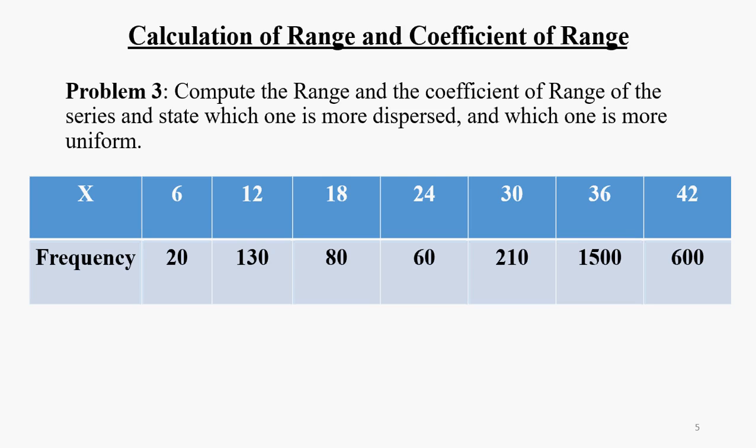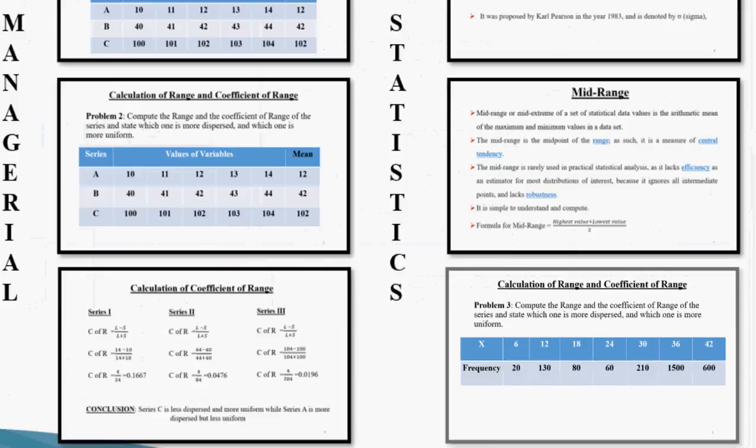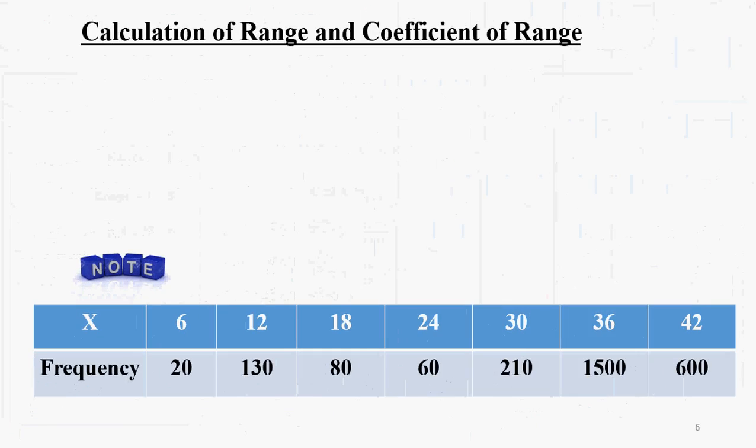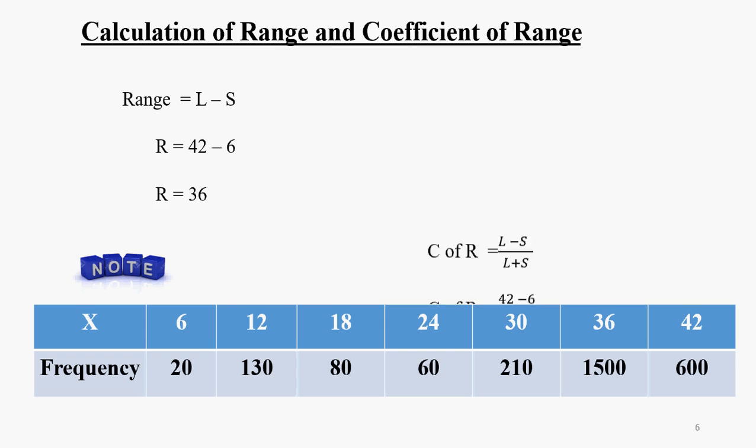The same formula we need to use for range. So this is the problem you look below. Now you have to use x and frequency. Now L minus S: 42 is the largest and 6 is the smallest number. So the range for variable x is 36.